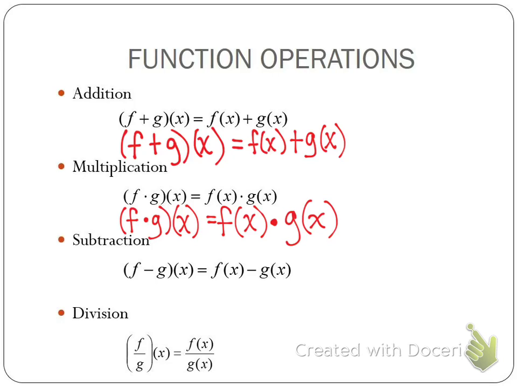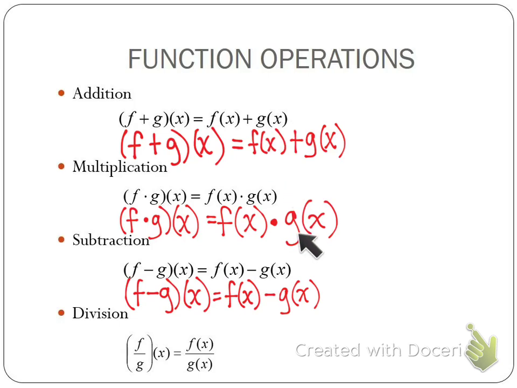Same idea for subtraction. The left says f minus g, still using the variable x. So we take that first function, which happens to be f of x in this case, minus g of x. Much like with anything involving addition and multiplication, those are commutative, which means that we can add or multiply in any order. With subtraction and division, that is not necessarily the case.